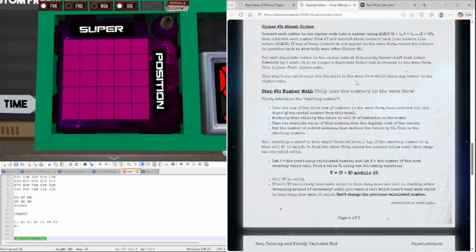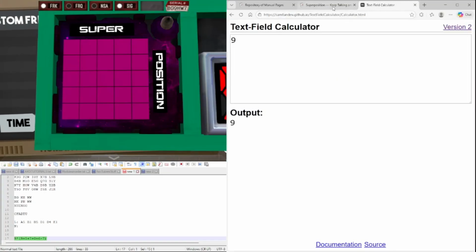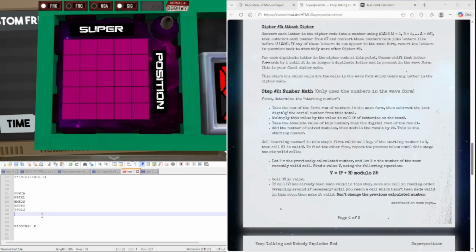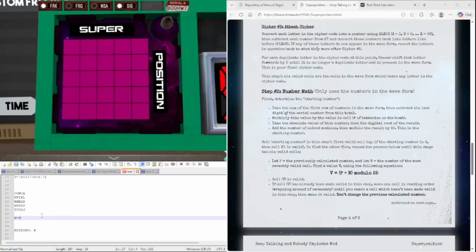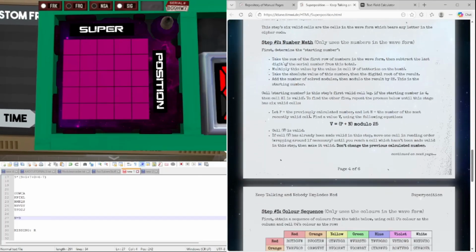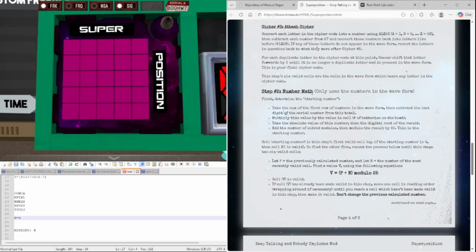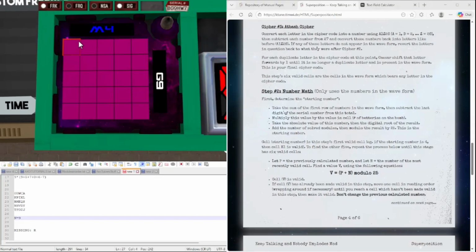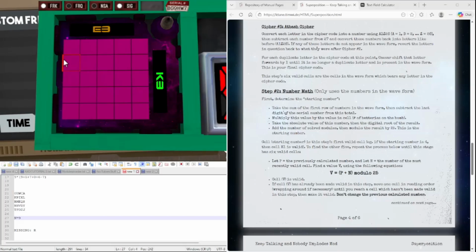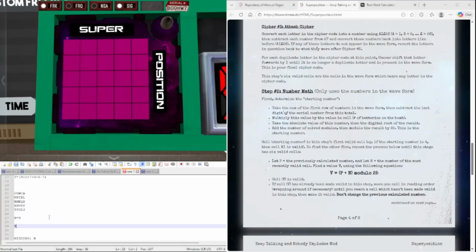None. Which are 25. This is the starting number. Starting number is 9. Cell starting number. This steps first value cell. So that'll be 1, 2, 3, 4, 5, 6, 7, 8, 9. So 2.